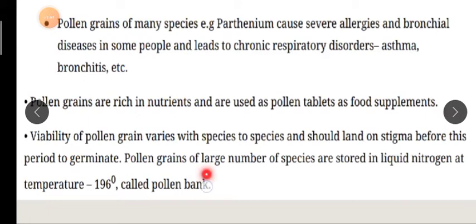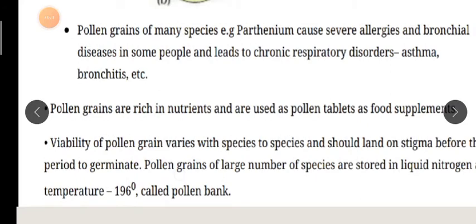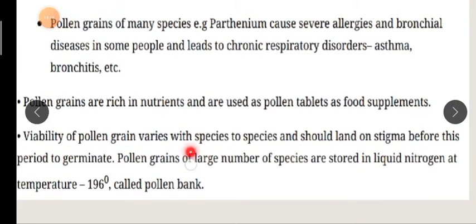Pollen bank is a place where pollen grains can be stored for further use. How do they store them? In labs with the help of liquid nitrogen. They dip the pollen grains inside liquid nitrogen and keep them at minus 196 degrees Celsius, so that they remain protected, safe and secure, and good in quality as well.